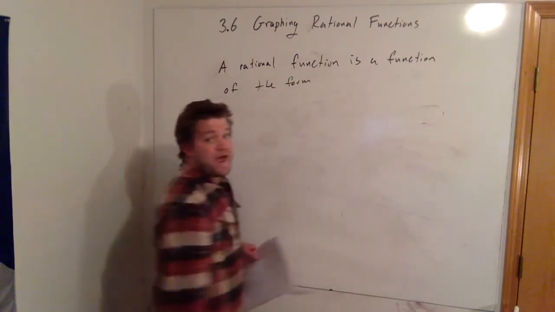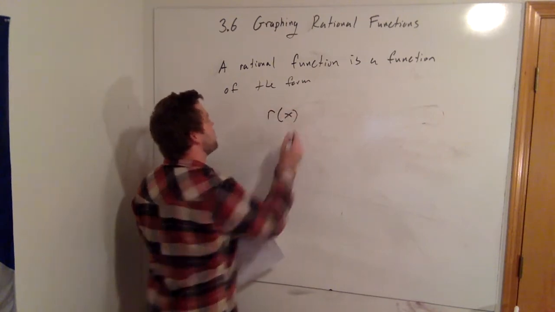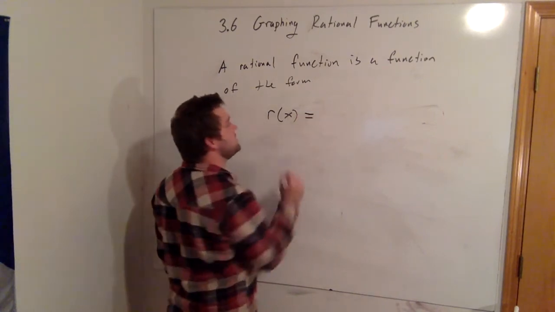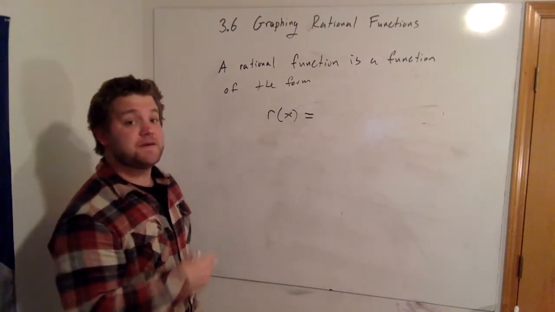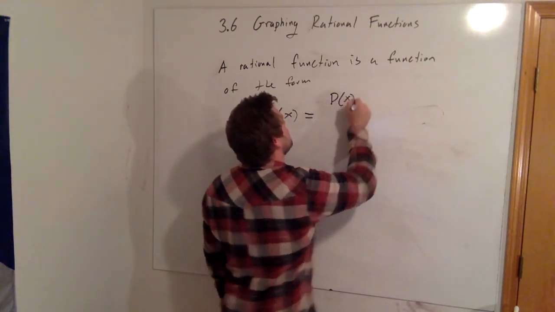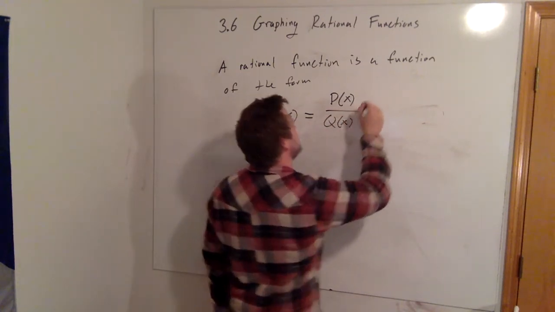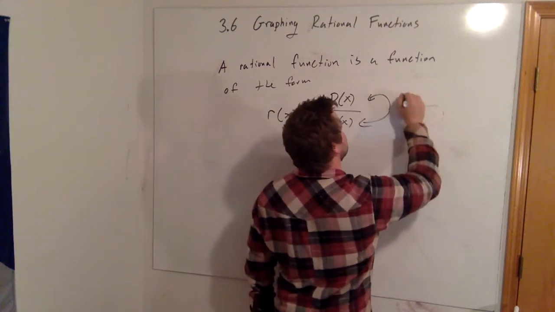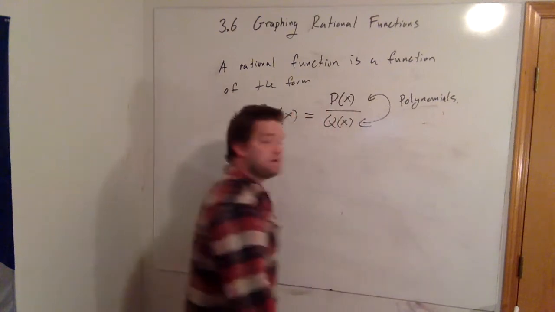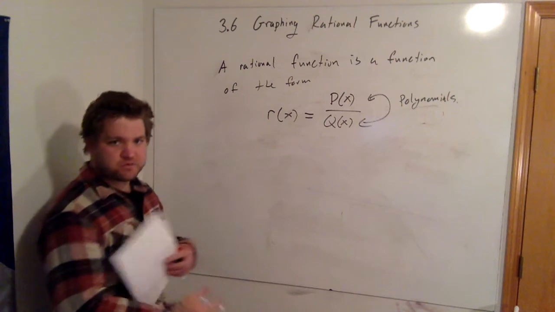In this case, instead of using p of x, I'll use r of x. So our rational function r of x is a polynomial divided by another polynomial. We're going to have a polynomial, p of x, and we're dividing it by another polynomial, q of x. So instead of graphing polynomials, what would be the graph if we took two polynomials and divided them? That's what we want to learn.